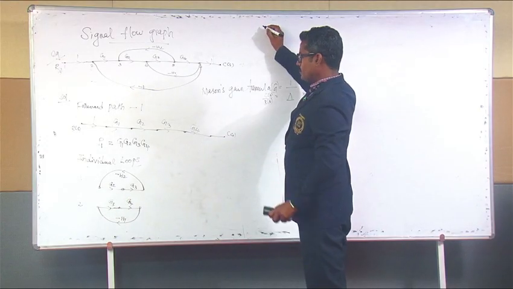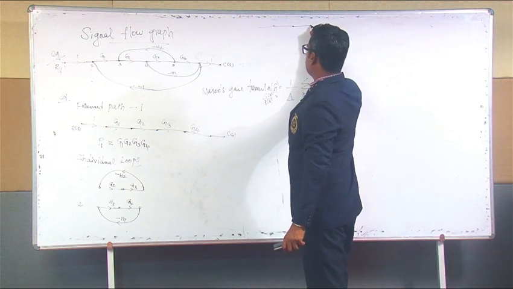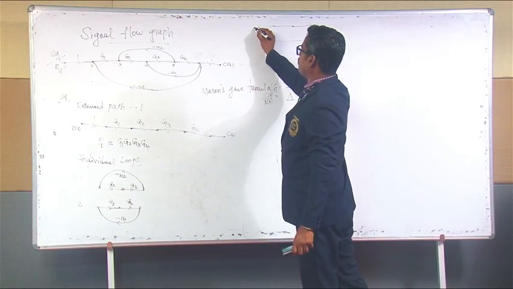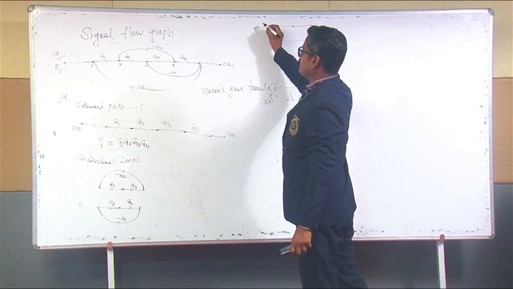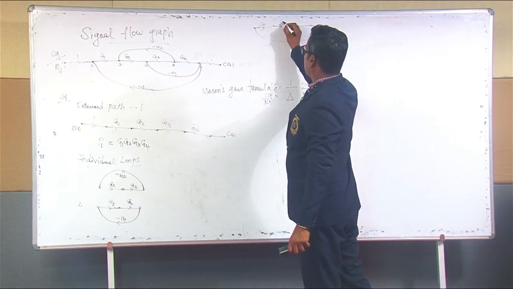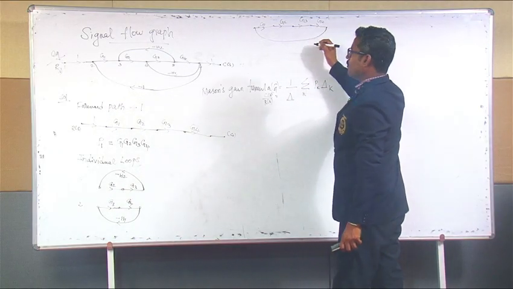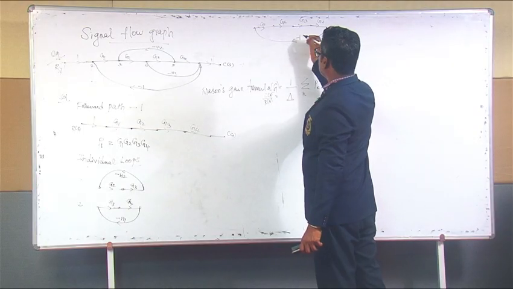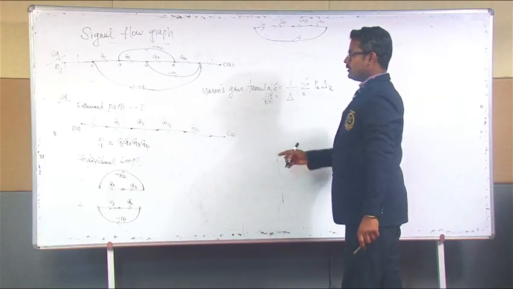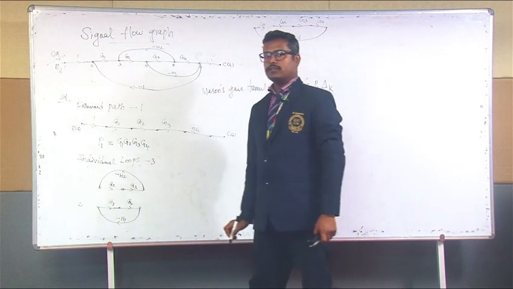So the third loop is G1, G2, G3, G4, and the feedback is minus 1. So the number of individual loops is 3.